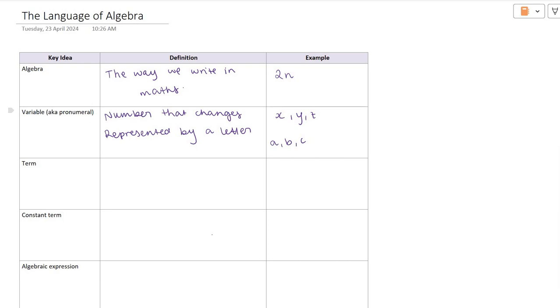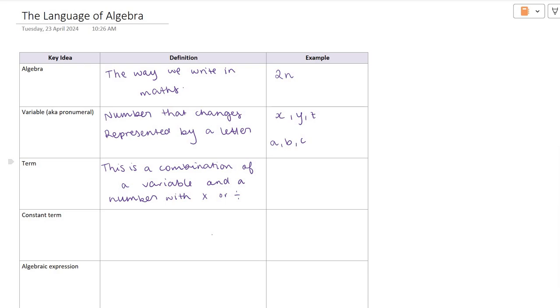Moving on to a term, this is a combination, okay, of a variable and a number. So a combination of a variable and a number. And they are always combined with multiplication or division, okay?